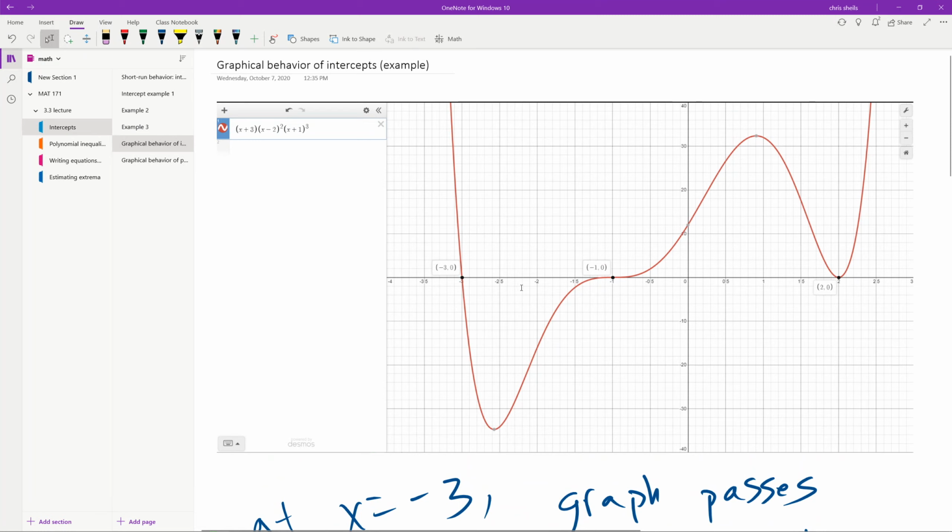And we probably know what we're going to say about this one at this point. At this last horizontal intercept, the one that's in the middle, at x equals negative 1, this comes from the x plus 1 quantity cubed factor of the polynomial. We see that the graph passes through the axis here, but it flattens out a little bit first.